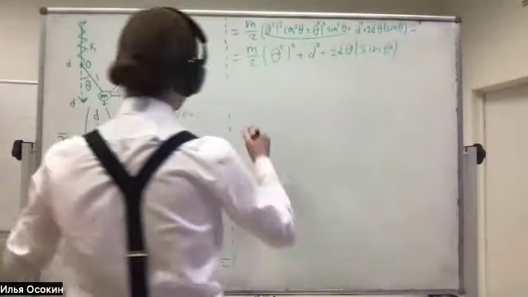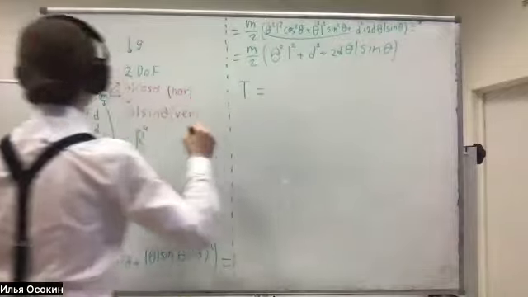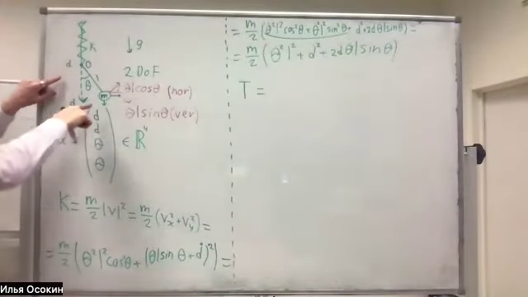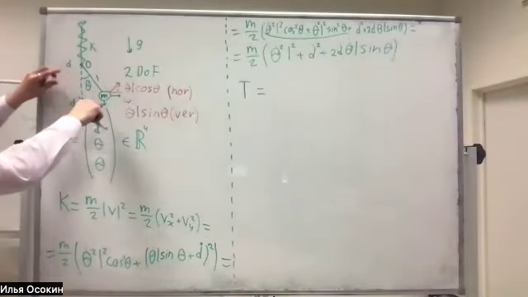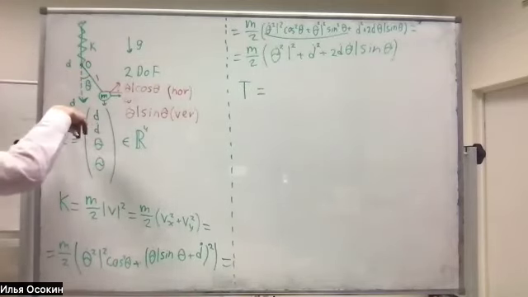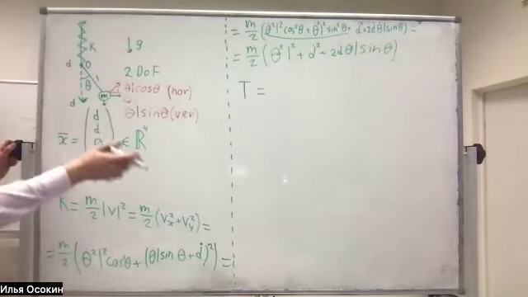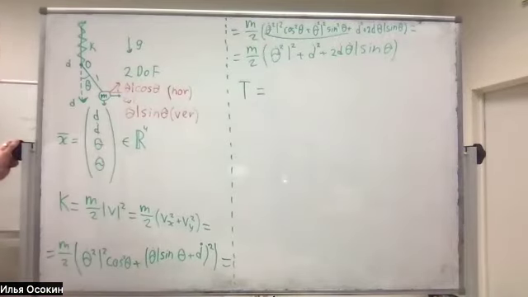Now let us find the potential energy. The potential energy consists of two parts. The first part is the potential energy due to the gravitational force. And the second is the energy that is stored in the spring. So I'm going to write it just directly.